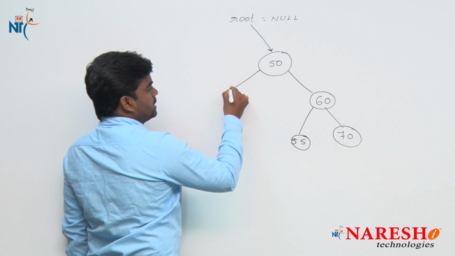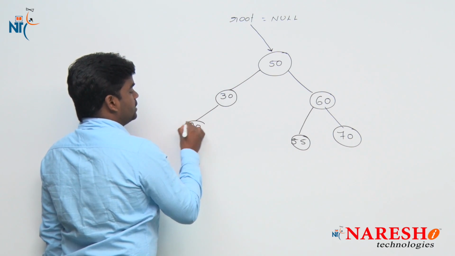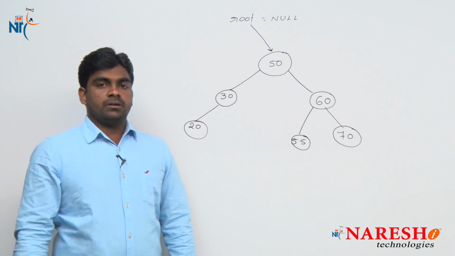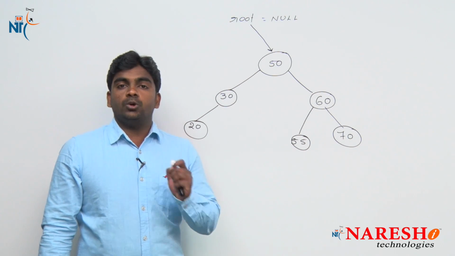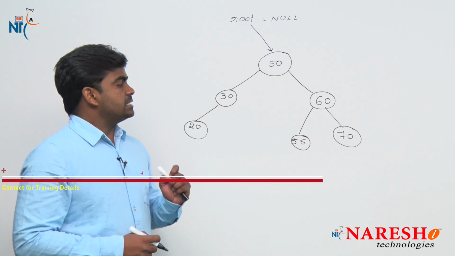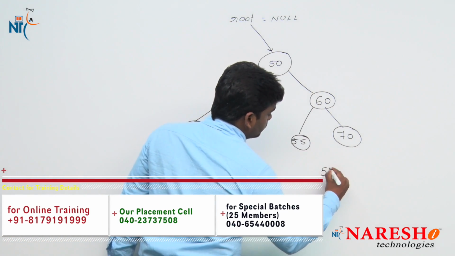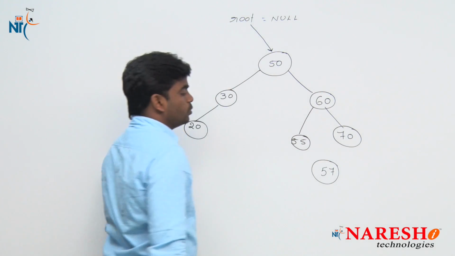On the left side I am also storing some elements, for example 30 and then 20. Now I want to create a node. Consider 57 as the node value. So I am creating a node, 57.